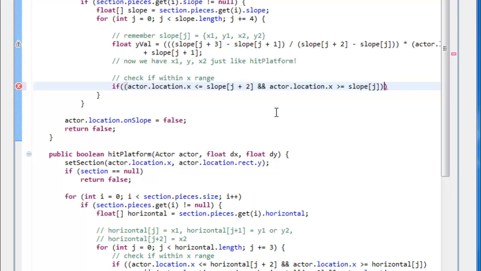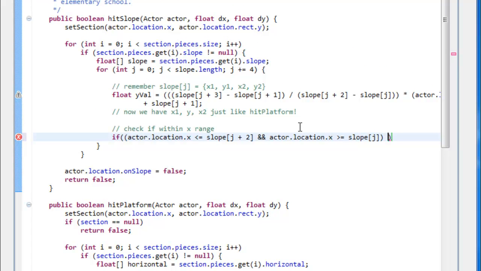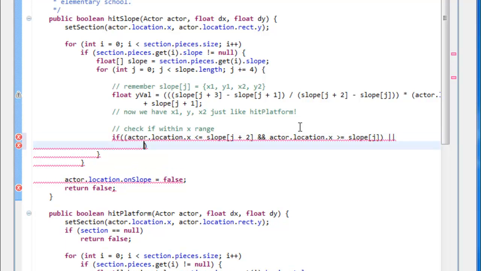This is our initial x location prior to adding the dx. So now let's check that we're still inside after the change in x.